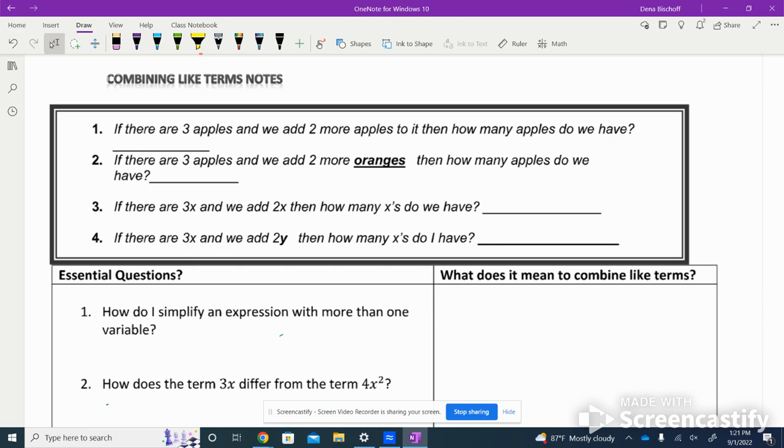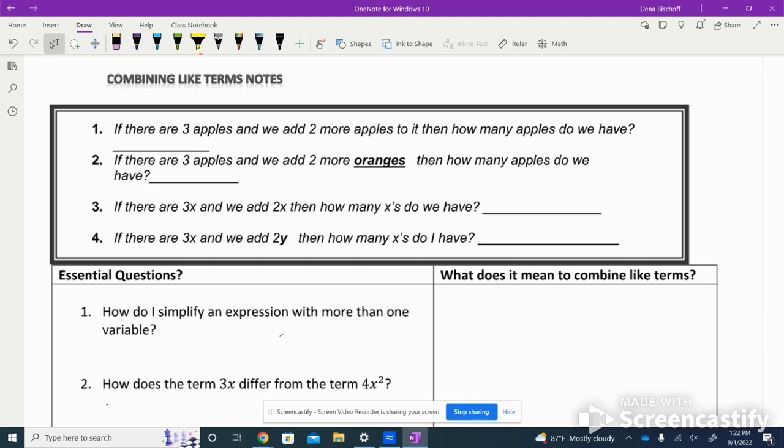All right. If I have 3 apples and I add 2 more, how many apples do I have? 3 plus 2 is 5. So I want you to write 5 apples right here. If I have 3 and I add 2, I have a total of 5 apples. Okay? But if I have 3 apples and I add 2 oranges, how many apples do I have? 3.